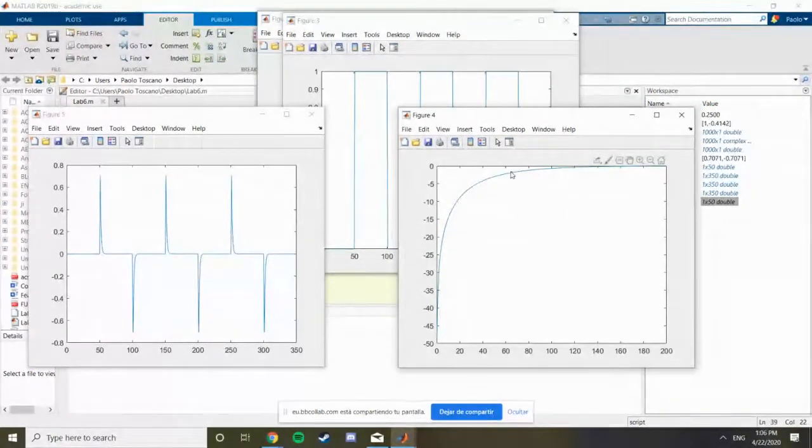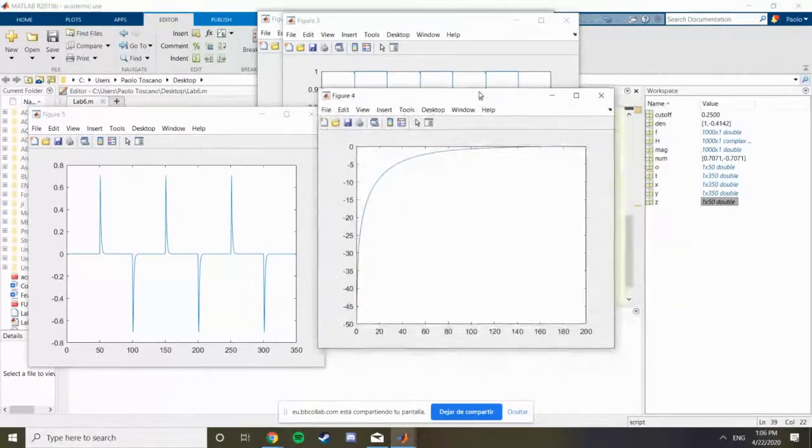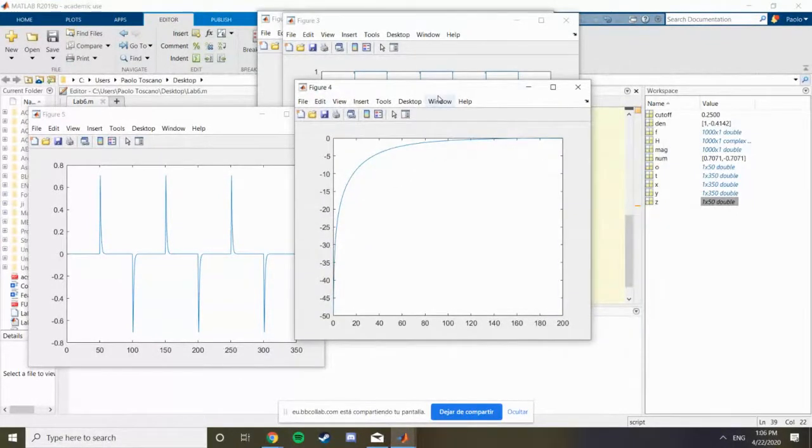I know this is a high pass filter, but how do you analyze that it's a high pass filter? This is in decibel. If I look at the magnitude, the part that is 0 decibel means the magnitude is 1, and the parts where the magnitude is negative mean we have attenuation.